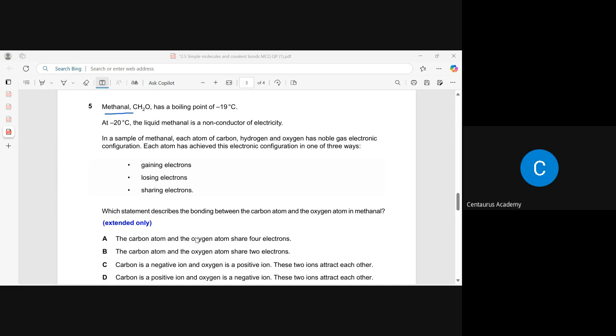So the carbon atom here is only sharing 2 electrons, no? Where are the rest of the 2 electrons? Oxygen is 2, 8, 6, so it needs 2 electrons to gain a noble gas configuration.